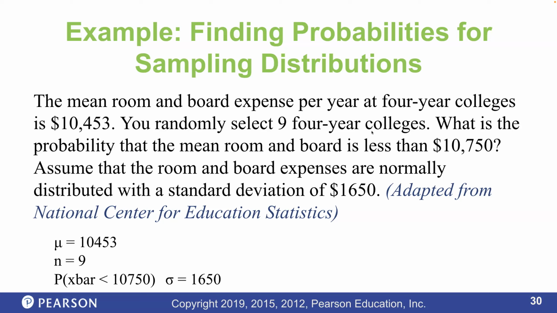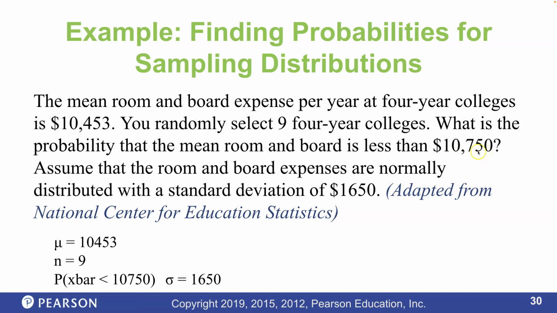But remember the two things: either the sample size is at least 30 or the population itself is normal. So let's keep on reading to see if the population is approximately normal. What is the probability that the mean room and board is less than $10,750?